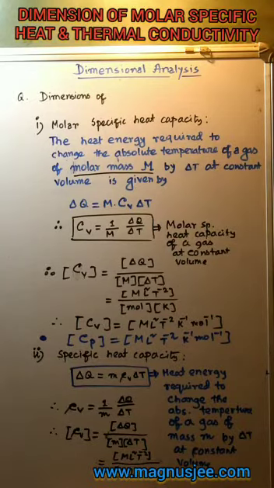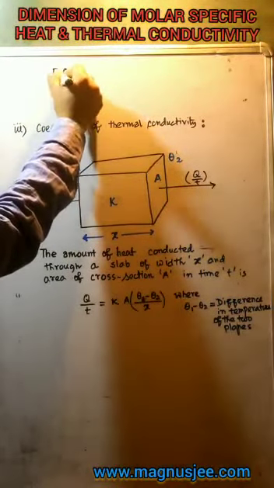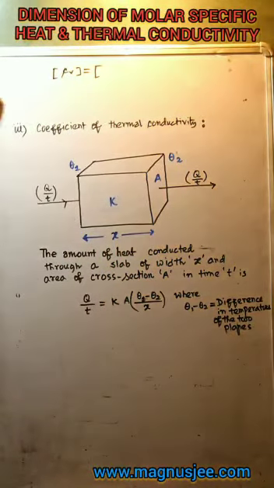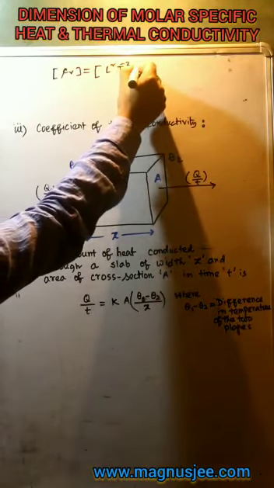So if we simplify, mass will cancel out, giving L square T to the power minus 2 Kelvin inverse.